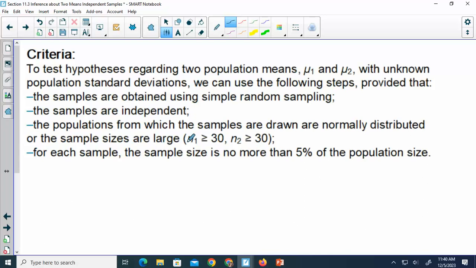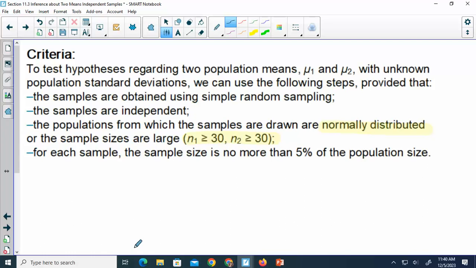But when I ask you to verify criteria, just like any other time we're talking about the mean, you need to tell me either it has to be normal or, in this case, both data sets have to be bigger than 30. Since it's not matched pairs, there might be different numbers of points in the sets. So both of them have to be bigger than 30.